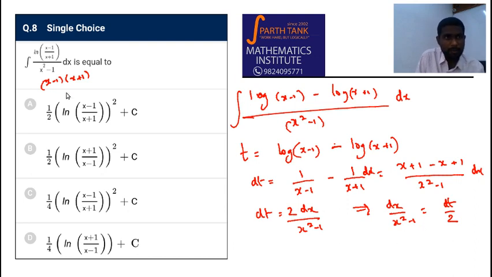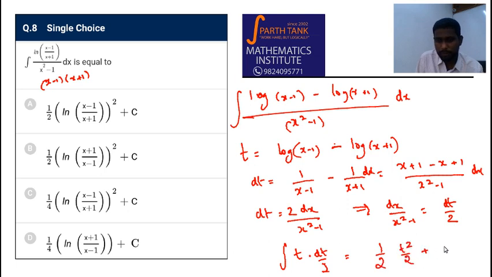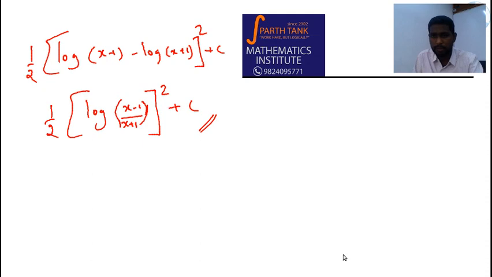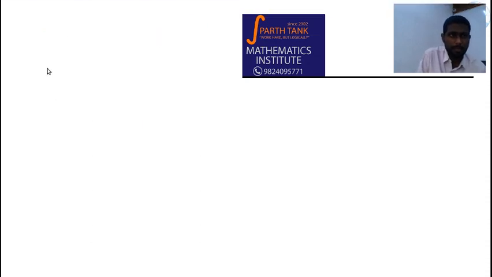Okay, so this whole thing is dt by 2 and this thing is t. So this becomes integral t into dt by 2, which is 1 by 2 t squared by 2 plus c, or it is t square by 4 plus c.